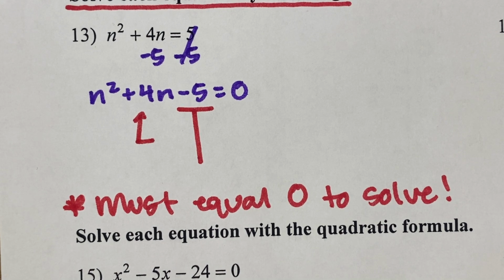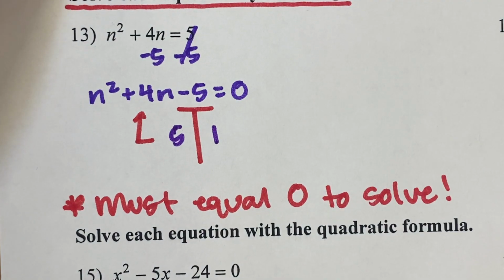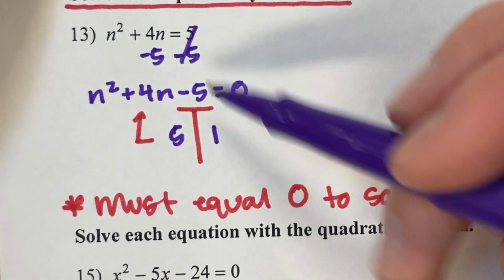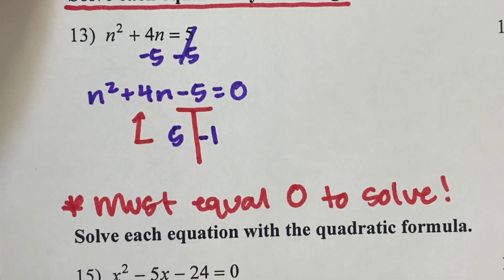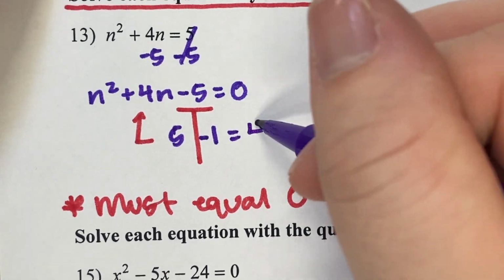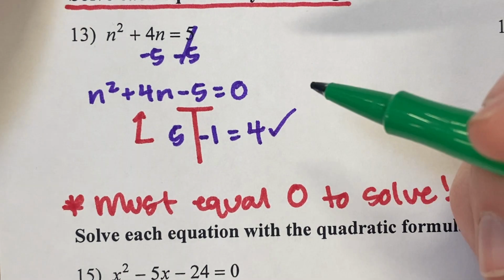Well, this one's kind of easy because there's only really one option to multiply to get to 5. And it's got to be 5 and 1. But to get a negative, one of them's got to be negative. I'm just going to make the 1 negative because what is 5 minus 1? It's positive 4. Beautiful. So I found my two numbers.